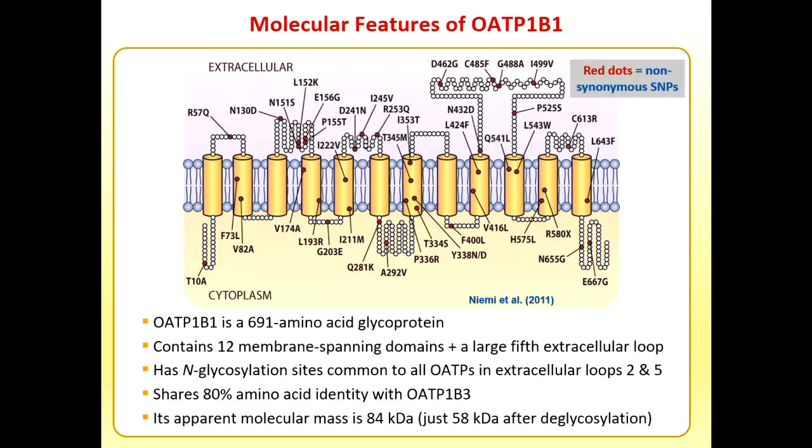But then also the linking extracellular and intracellular domains vary quite a bit, but the one that's really distinctive is this whopping big extracellular domain, and some clinically important variants are found in this particular large extracellular loop. Okay, but they're also subject to glycosylation, as is commonly the case with extracellular loops. So a fairly big protein, molecular mass of about 84 kilodaltons, so a fairly good sized protein.